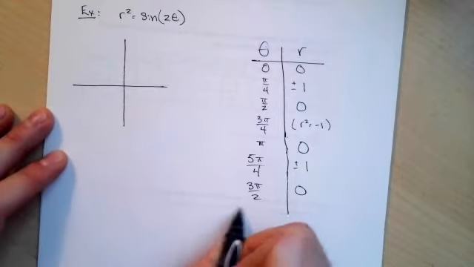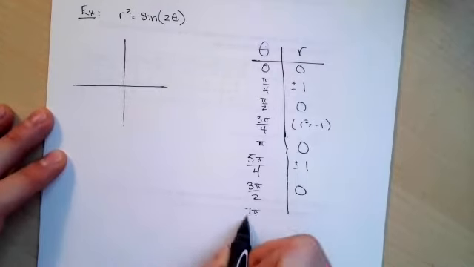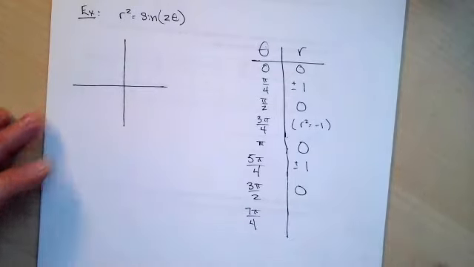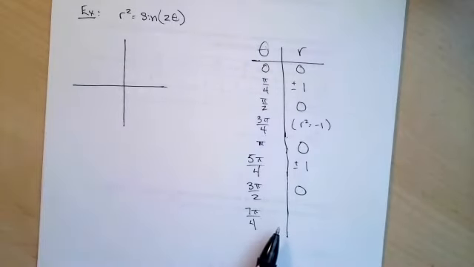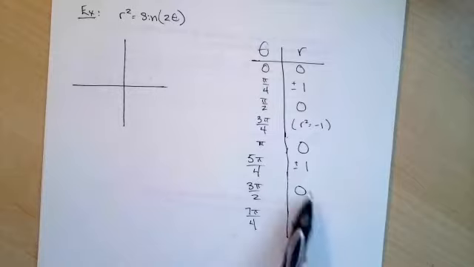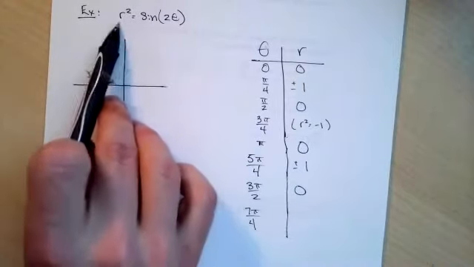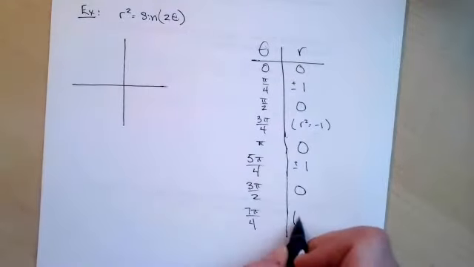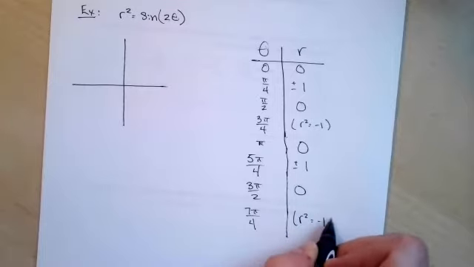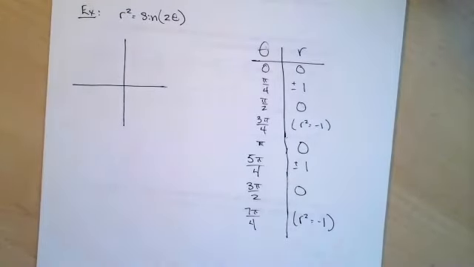And then at 7 pi over 4, we have sine of 7 pi over 2, which again gives us an r squared equals negative 1 equation. So we can't really graph those.